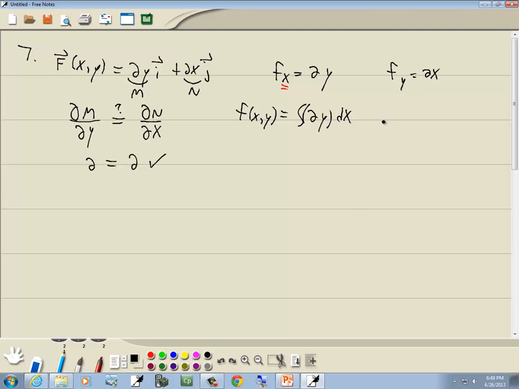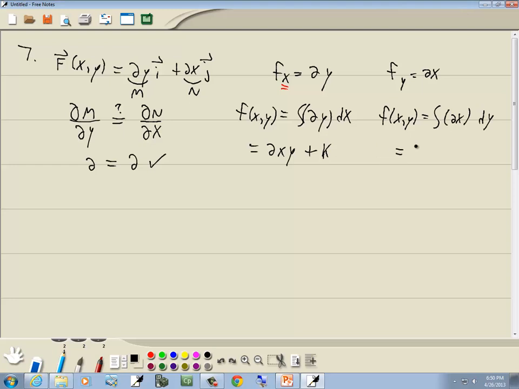We also need to do this one. So this will be the integral of 2x with respect to y. Well, we're integrating with respect to x, and there is no x, so this just becomes 2xy plus k, constant.